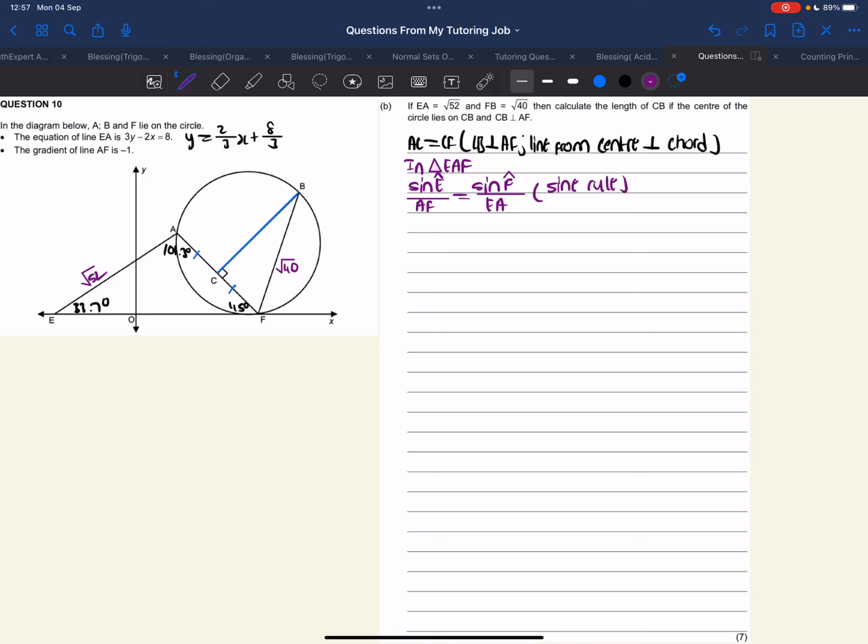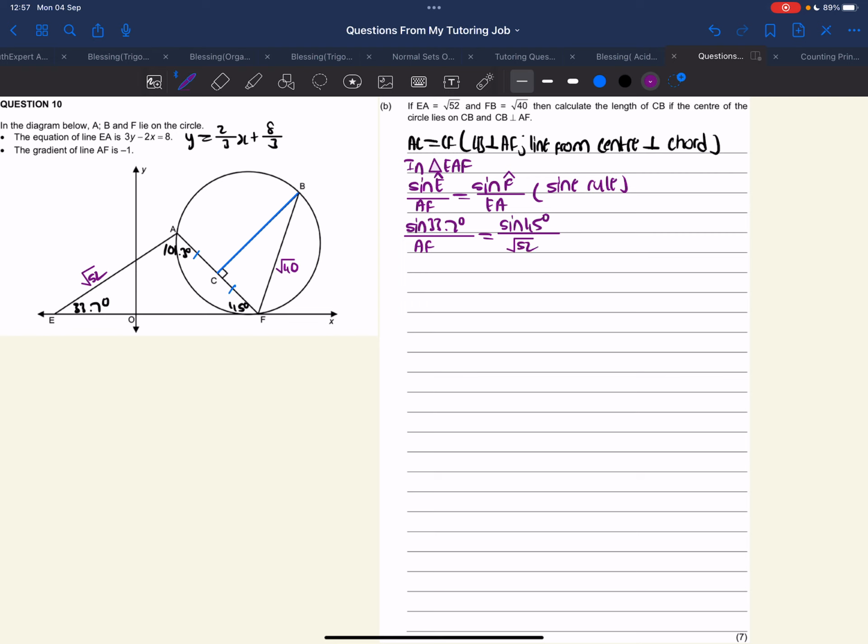Okay, that's beautiful. So remember, sine E is sine of 33.7 degrees over AF, which is what we need, equals sine F, which is sine of 45 degrees, all over square root 52.